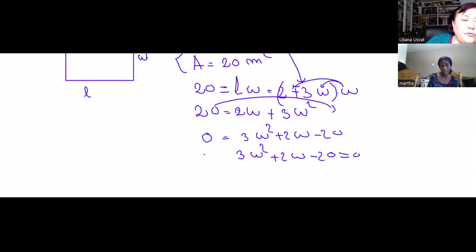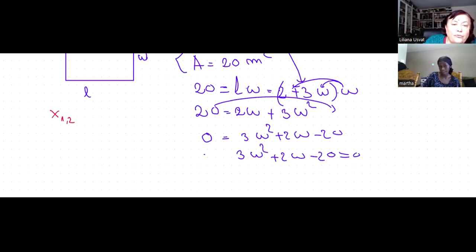So quadratic formula, it's x1,2 equals minus b plus minus square root of b squared minus 4ac over 2a, where this is a, this is b, and this is c.